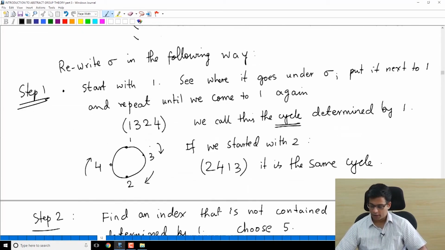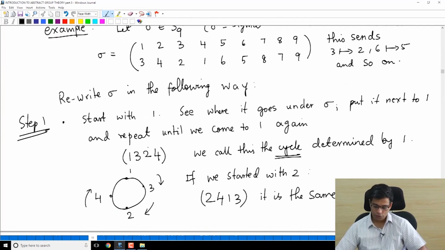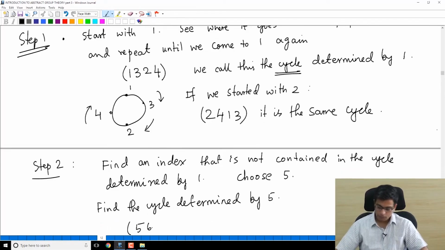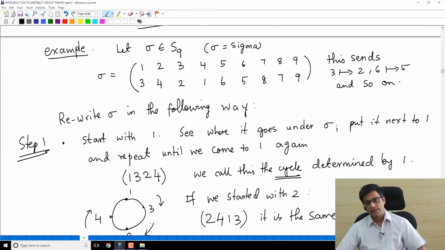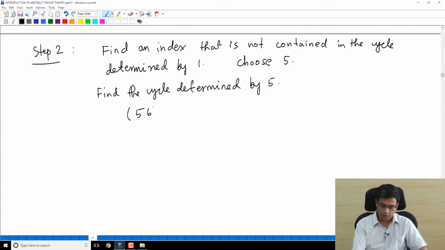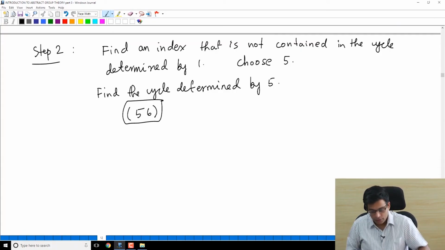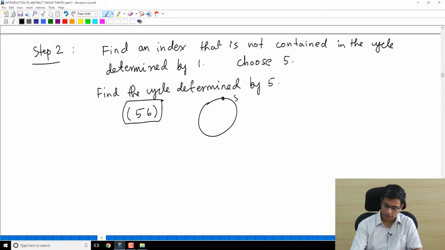Under the function, where does 5 go? 5 goes to 6. Right? Now where does 6 go? 6 goes to 5. So I close the bracket. So I get 5, 6. So it is a cycle: 5 goes to 6, and 6 goes to 5.